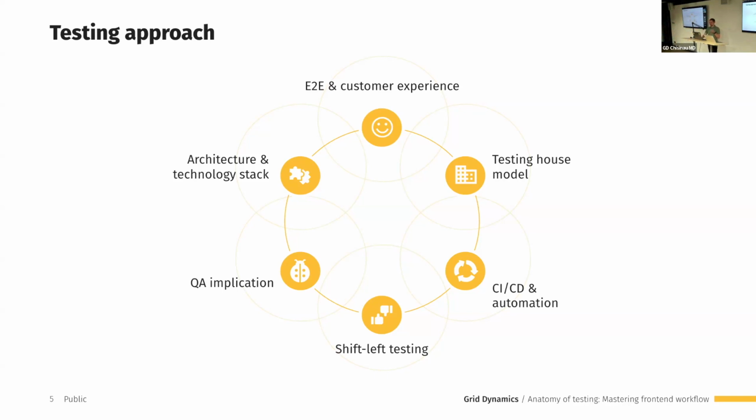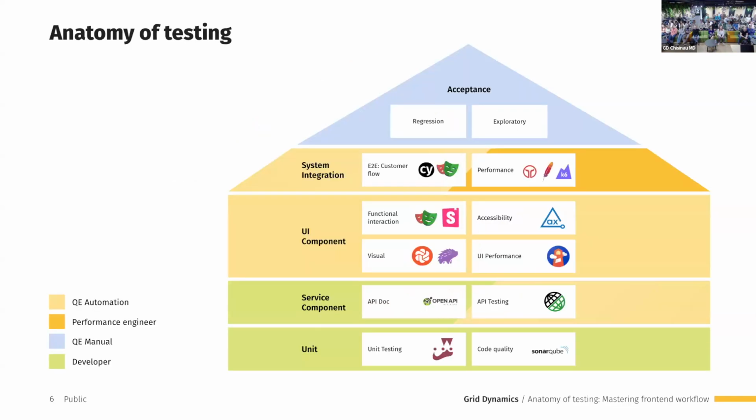You probably will not make a UI developer run your tests if they're written in Java, because they know JavaScript, TypeScript. So that's why it's important. Let's start with the testing model. We use the well-known pyramid as a guideline for structuring and prioritizing our tests, and we adapted it to our testing needs.